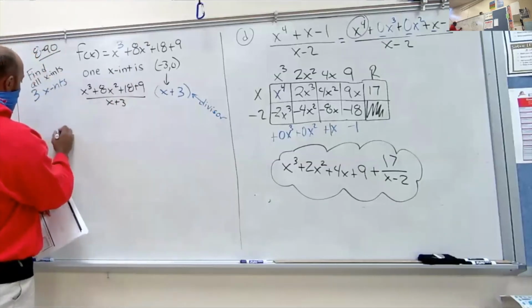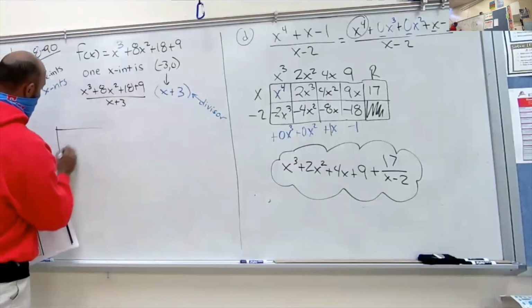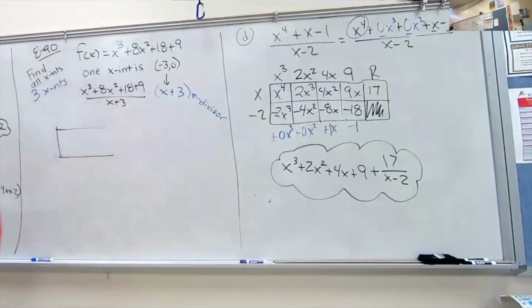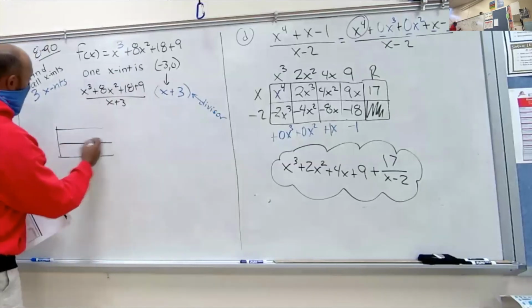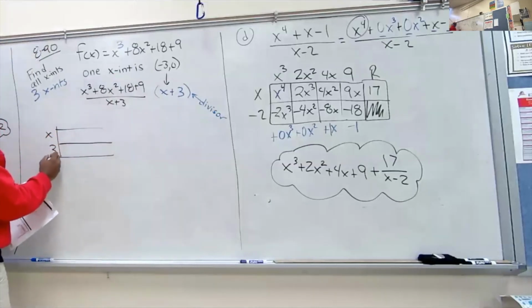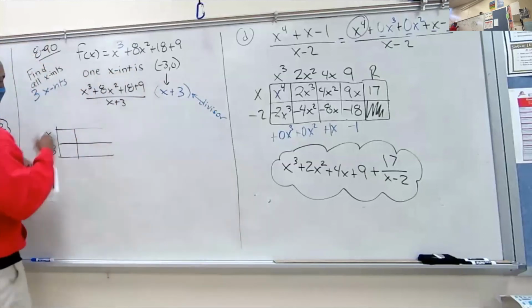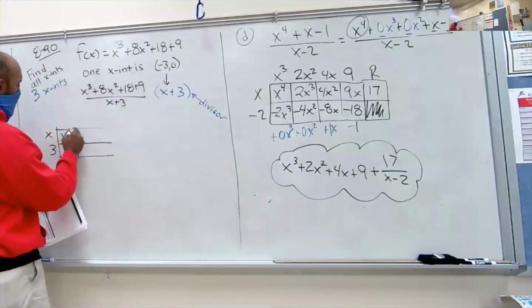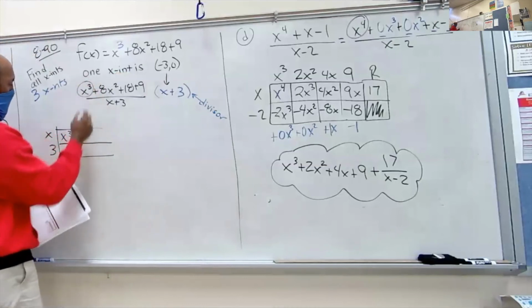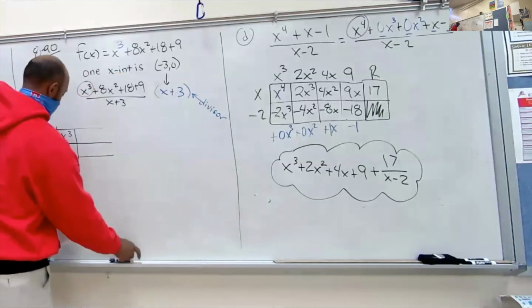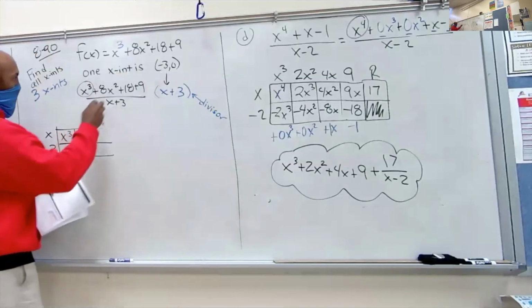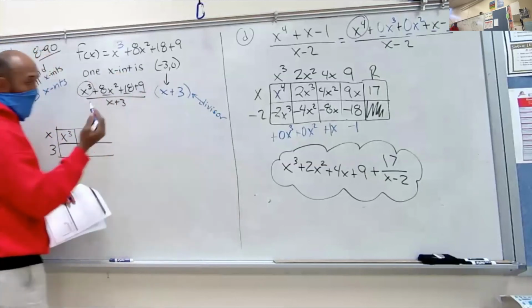All right, so now I'm going to put this on the side. Move this out of the way. Okay, so I got x, 3, first term, which is that one. And then I'm going to write in the last terms, which are 3.